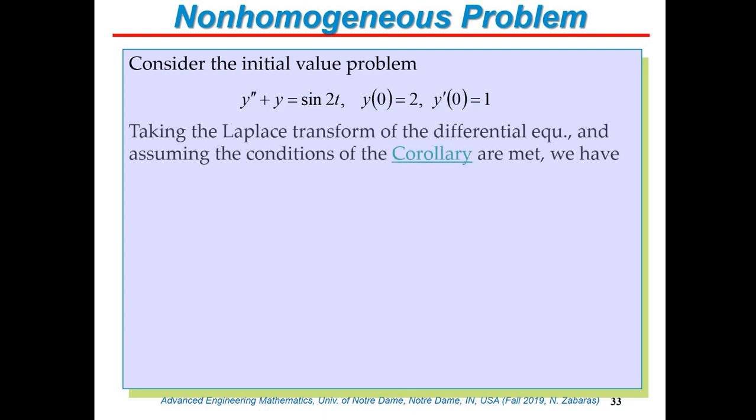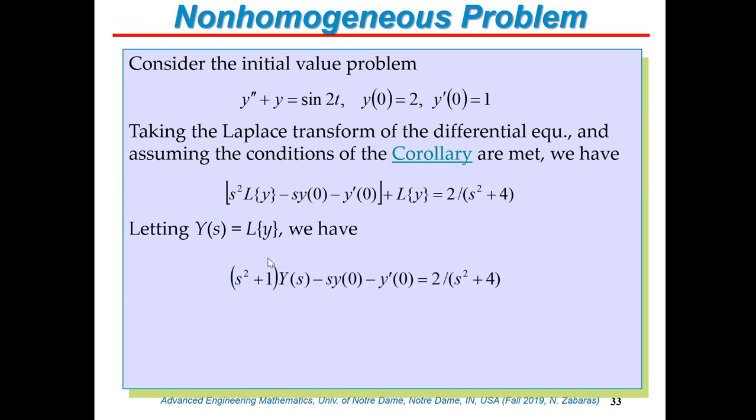All right, so let me do an example of a second order problem. It's an initial value problem with some specified displacement and velocity. If you take the Laplace transform, evaluate the Laplace transform of the second derivative plus L of y, and the Laplace transform of sine of 2t is 2 over s squared plus 4.